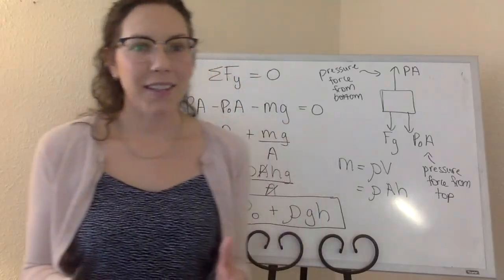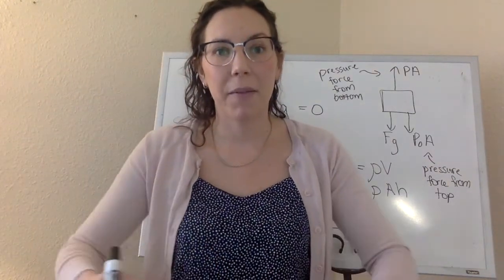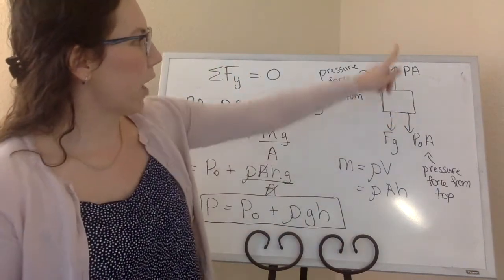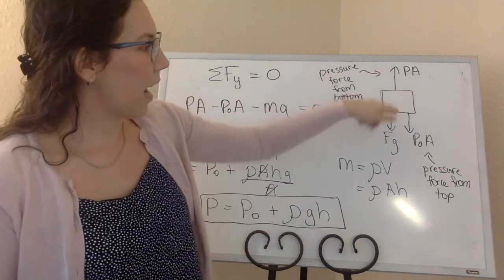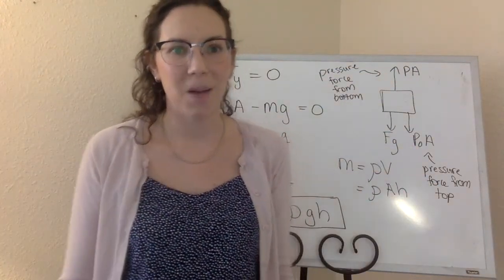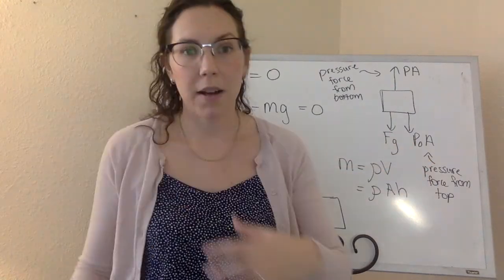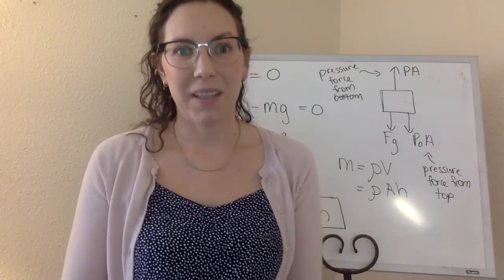Okay, so then let's look at a proper free body diagram for this region of fluid and write out the net force acting on it. From the bottom surface, we have an upward force, which is pressure times area. Then acting down, we have the weight and the force from the top of the region, which is pushing down, and that's P naught A. We know that the pressure on the bottom is going to be higher than the pressure on the top because pressure increases with depth.